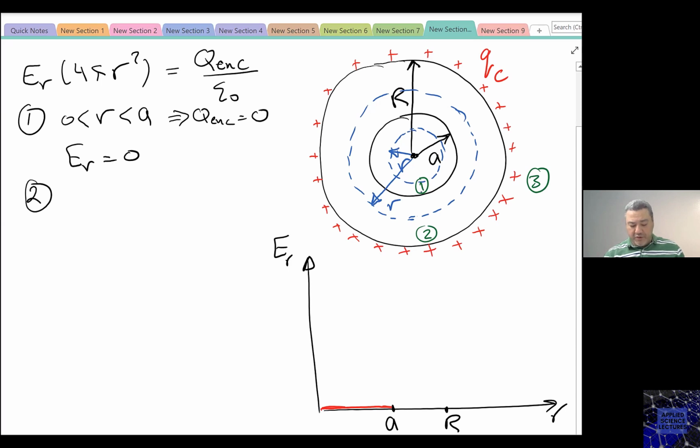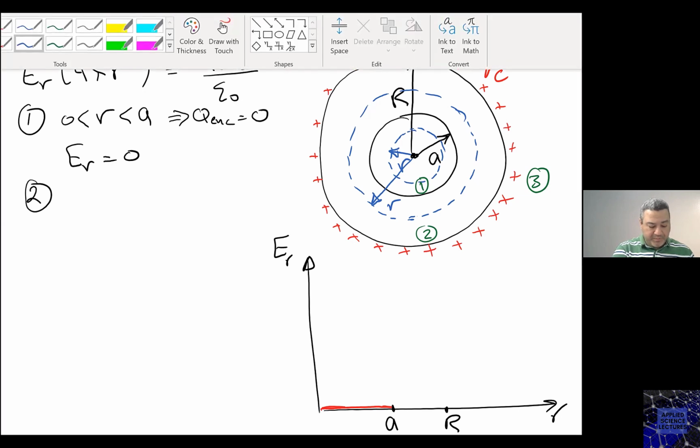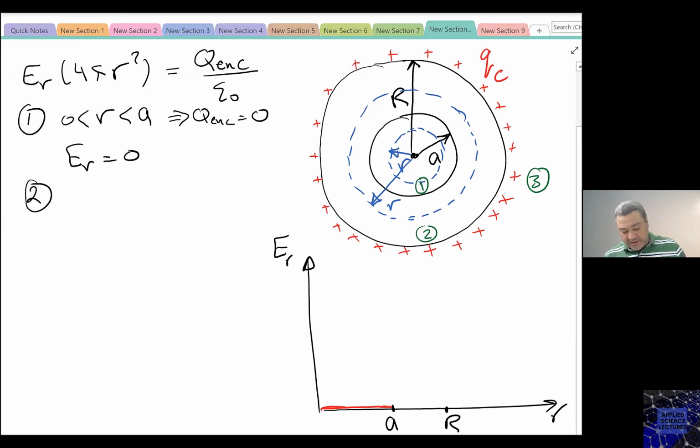Then we'll put the range for number two. This range goes from A to capital R, such that, again, it's a spherical surface, and r varies between A and capital R.